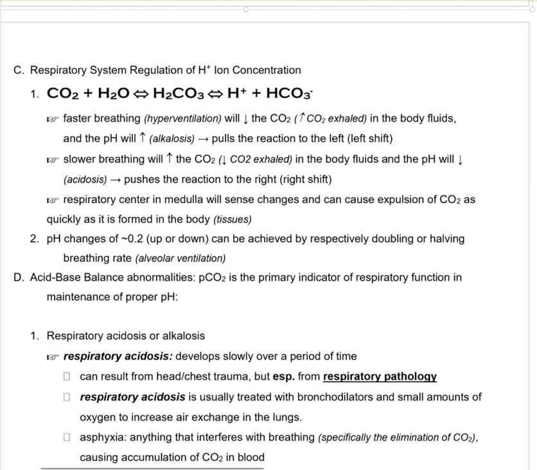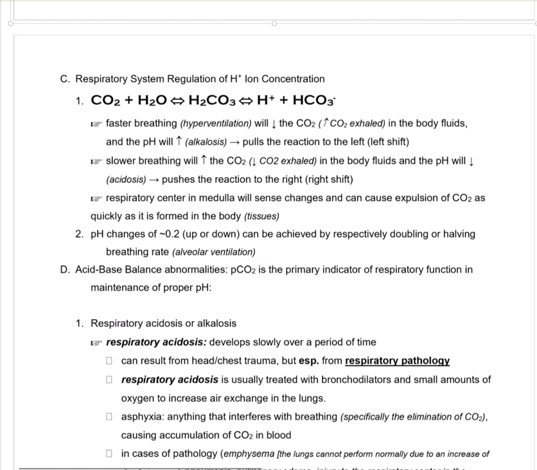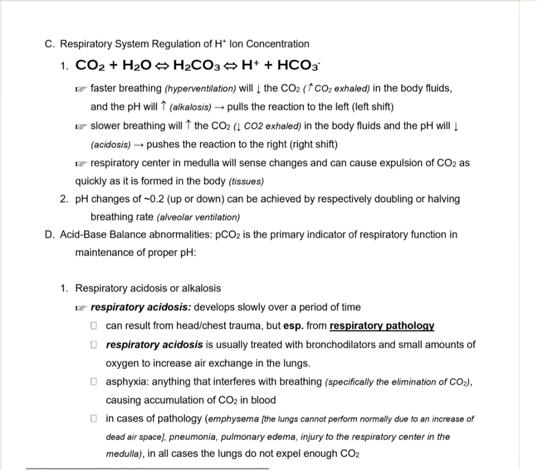Now, along these lines, we want to talk about the respiratory system and how it regulates ion concentrations. We need to look at the equation that we looked at a little bit in 232, which is this carbonic acid bicarbonate reaction.